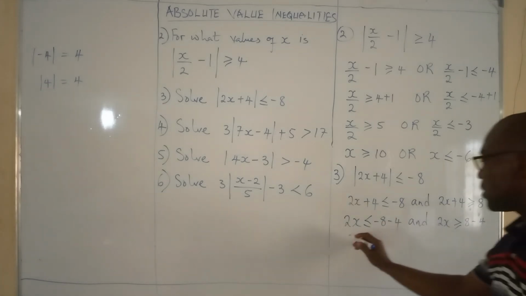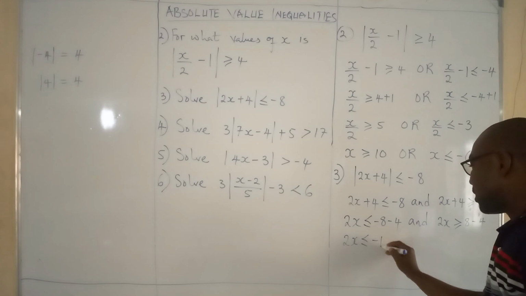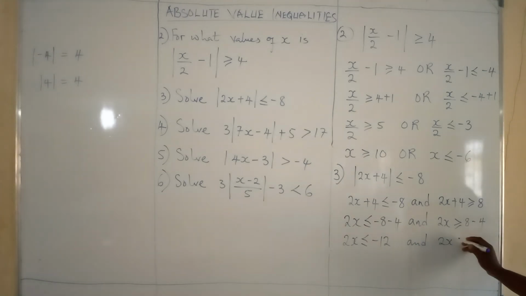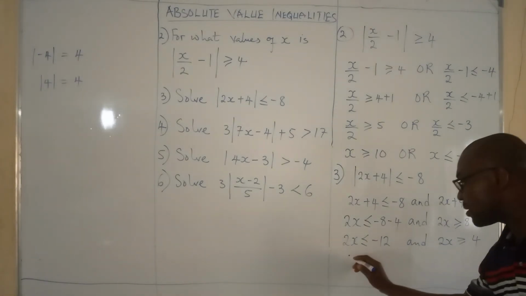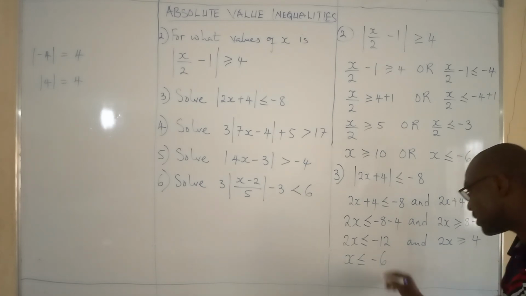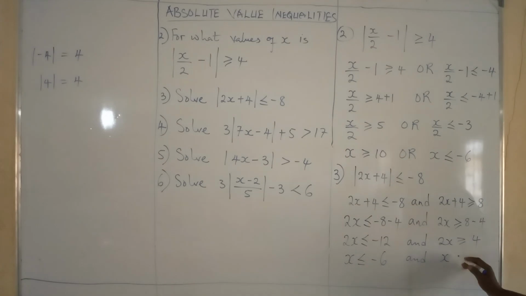And so what's this? 2x is less than or equal to negative 12 and 2x is greater than or equal to 4. If we divide both sides by 2, we have x is less than or equal to negative 6 and x is greater than or equal to 2.